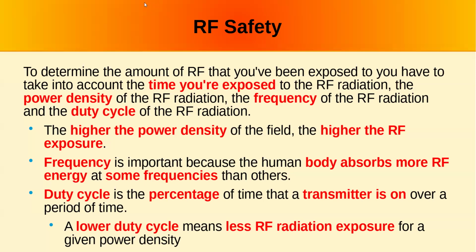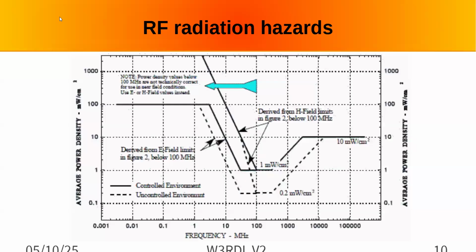As you go up in frequency, you can tolerate more, until you get up into the microwaves, and standing in front of one of those radars is probably not a good thing. There's the classic chart.